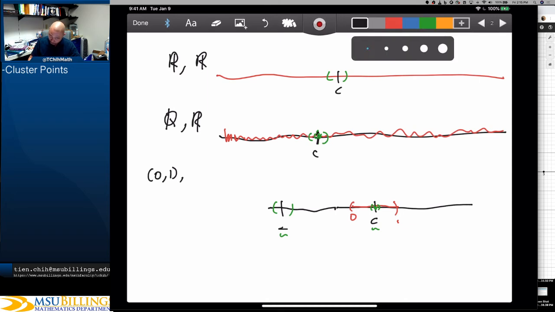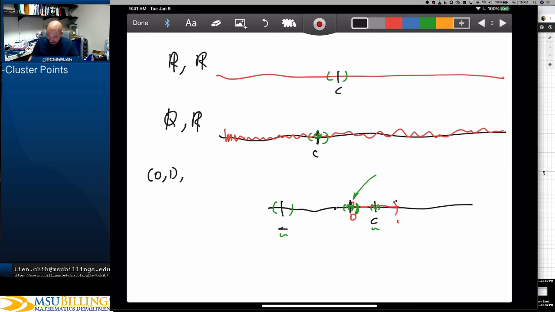But what about right here at 0? Right here at 0, if I pick an epsilon ball, sure, on the left, I don't get anything. But on the right, I'm definitely going to pick up some values here, right? This epsilon interval will intersect some of my open interval. And if I zoom in and zoom in and zoom in, these points over here are always going to pick up some of my open interval (0, 1).